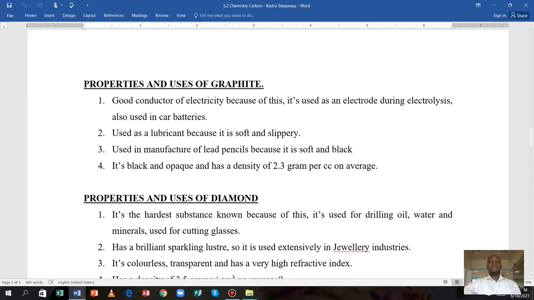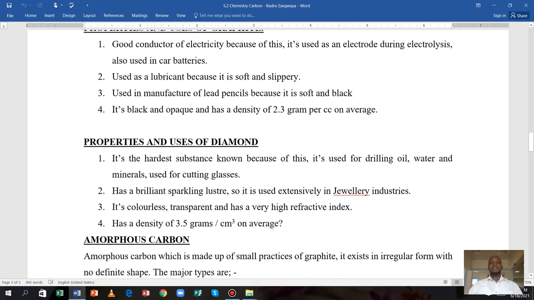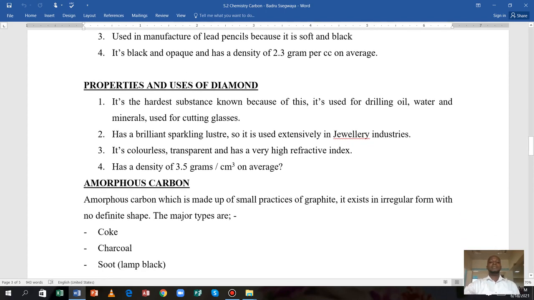Because we said that graphite is made of layers, and the layers are held by weak van der Waals forces of attraction, the layers slide over each other, this enables graphite to be soft and slippery, and therefore it is used as a lubricant. Because graphite is soft and black in color, it is used to make lead pencils because it can write on paper.